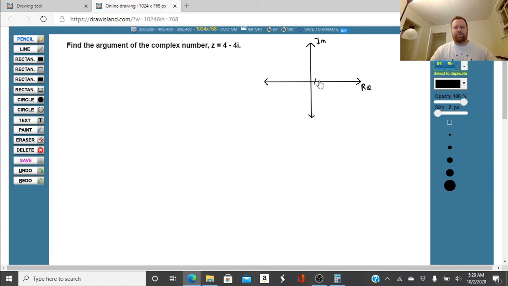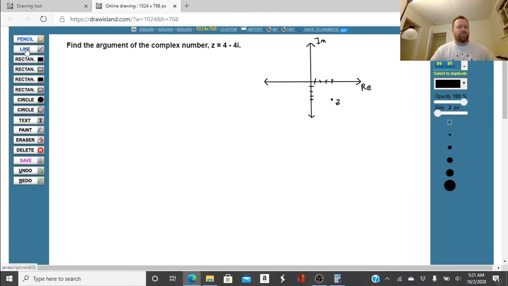And 4 minus 4i is going to be right around here.